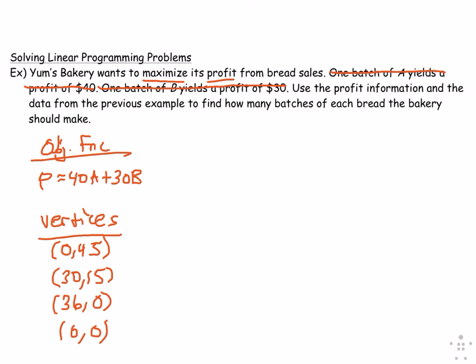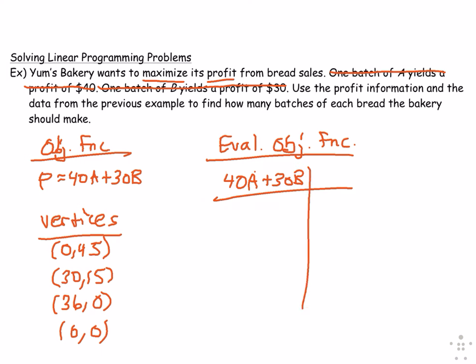So the way you do that is then by evaluating the objective function. And you make a table just to keep track of your calculations. So there's the rule for the function, profit, and you substitute in the values one at a time.